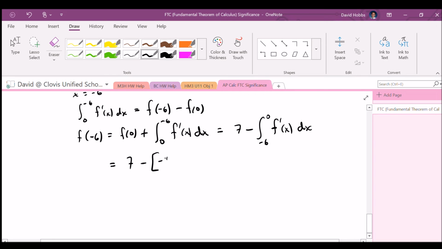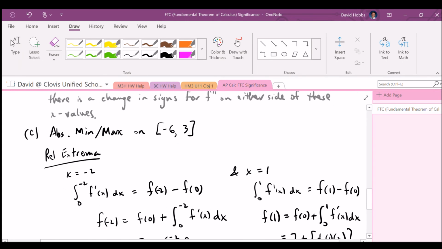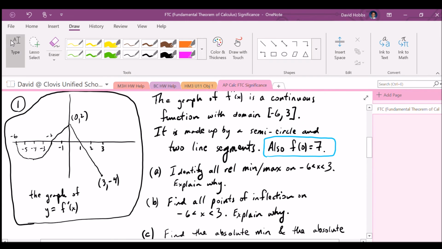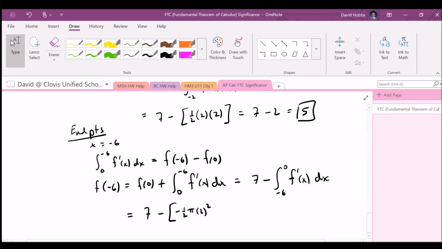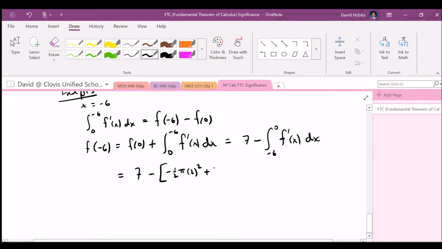And then the other part, since we're going from left to right, I've got a triangle, so positive 1/2 base times height, 1/2 times 2 times 2.